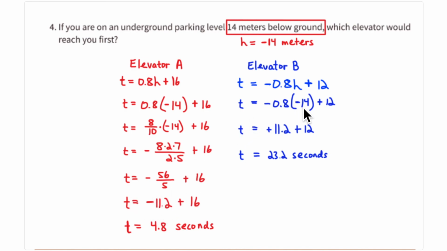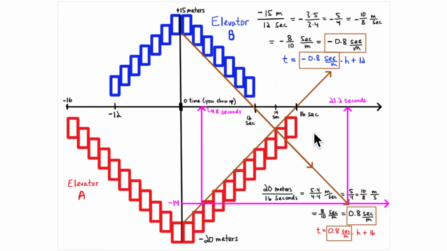Now over here, negative 14 meters times a negative 8/10 seconds per meter. If you multiply negative 8/10 seconds per meter times a negative 14 meters, you're going to get a positive 11 and 2/10 seconds. So notice, this elevator takes 12 seconds to travel 15 meters.